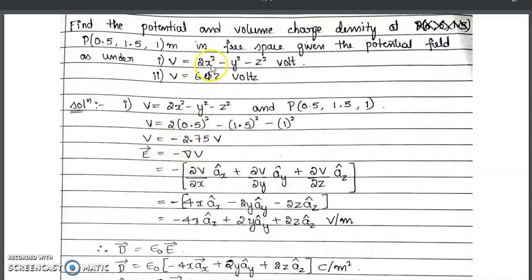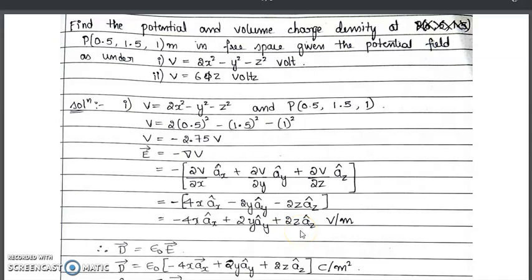The partial derivative of 2x² − y² − z² with respect to x will be 4x, with respect to y will be −2y, and with respect to z will be −2z. So the final equation for E will be −4x into ax plus 2y into ay plus 2z into az, whole per meter.